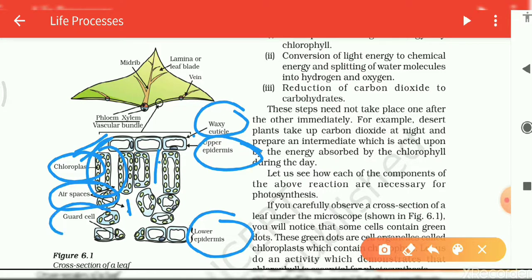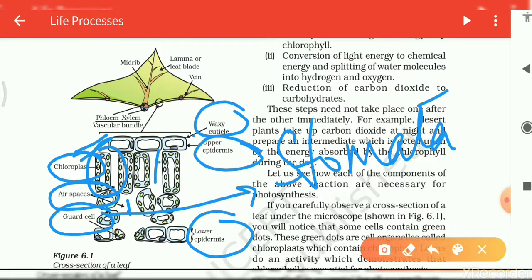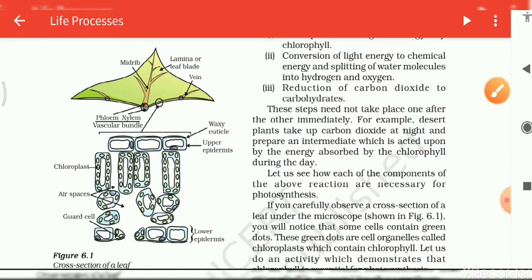Students, here the guard cell is given, very important. You know these guard cells are present in the stomata. In a later topic I will explain the details of stomata; stomata is given in the next topic. When we see the diagram of the stomata, stomata are present on the lower side of the leaves, which helps in transpiration and also in the exchange of gases.